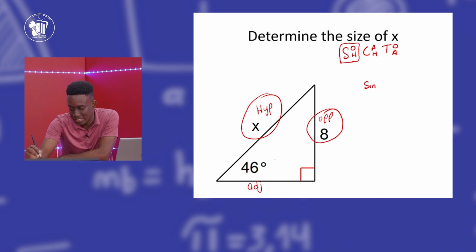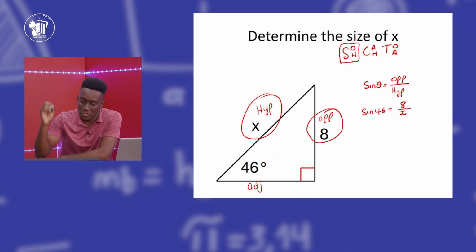So sine theta is equal to the opposite over the hypotenuse. In this case, sine 46 is equal to the opposite, which is 8, over the hypotenuse, which is x. So we solve for x. We have to do an additional step.